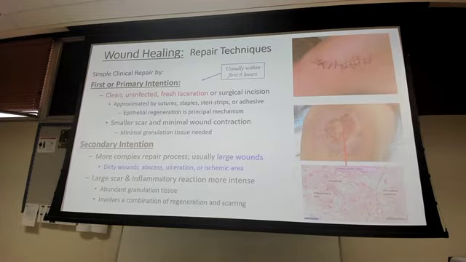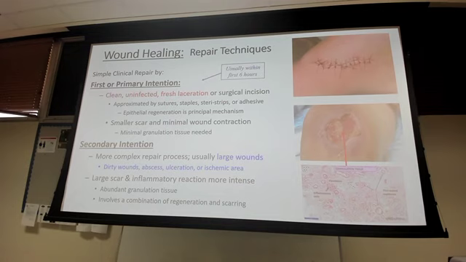Now, normally we want to try to fix these if a patient comes in with some type of damage to their skin within 6 hours. The reason is that if a patient comes in past 6 hours, the risk of infection goes up significantly, because you don't know what was going on, you don't know where they were, and things could have gotten in there.